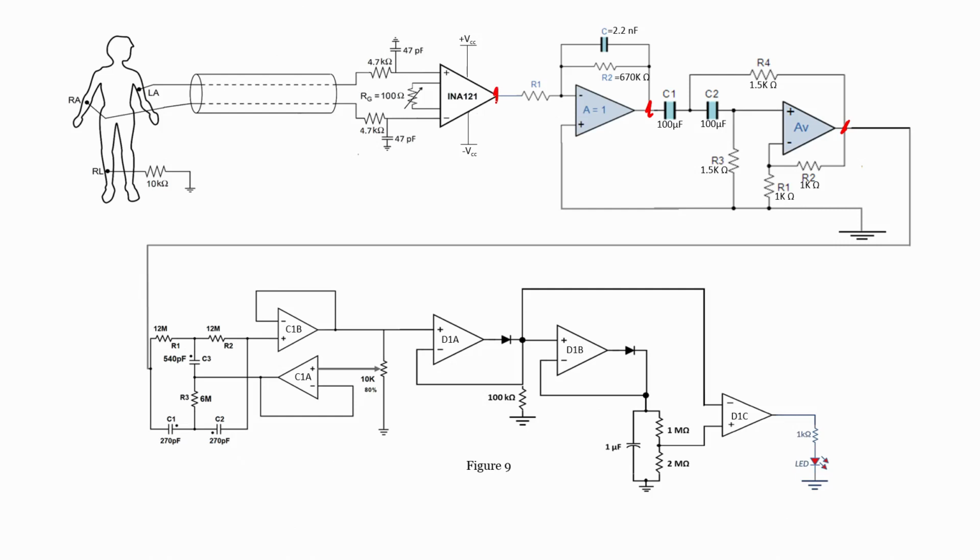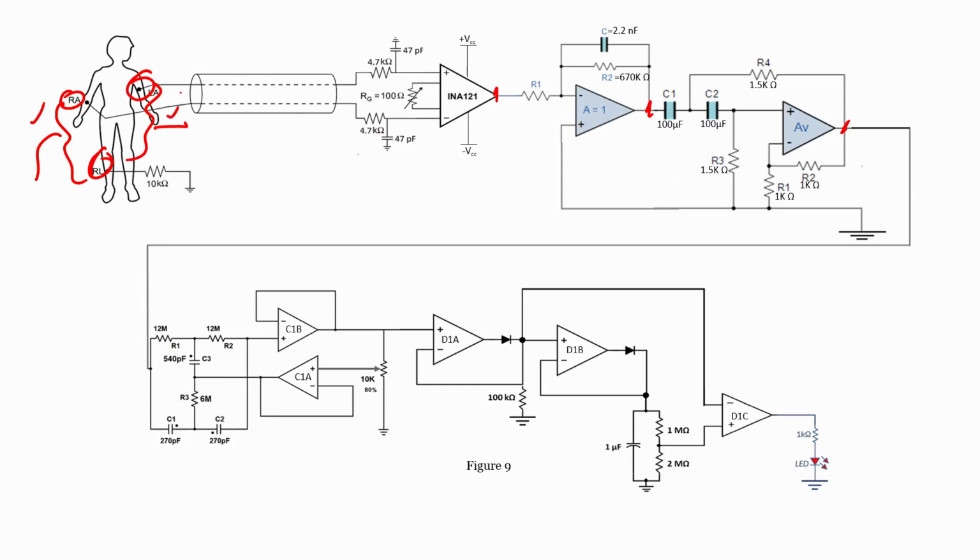In order to acquire the signal from the subject, we have to connect 3 different electrodes. If you recall, one voltage source will be from the right arm to the right leg, and another voltage source will be from the left arm to the right leg. The signal amplitude from this particular source as well as this particular source will be almost equal.